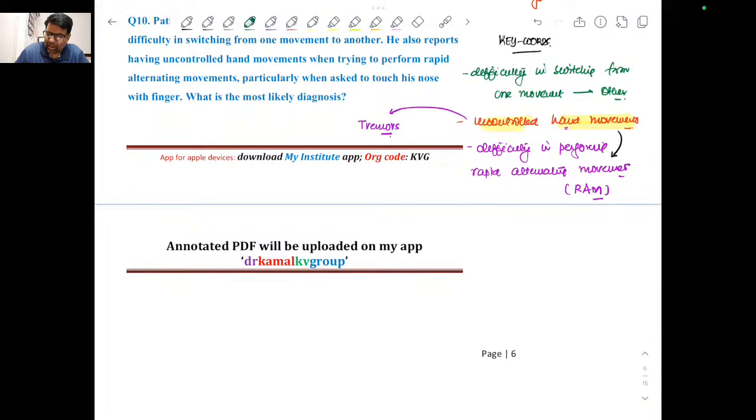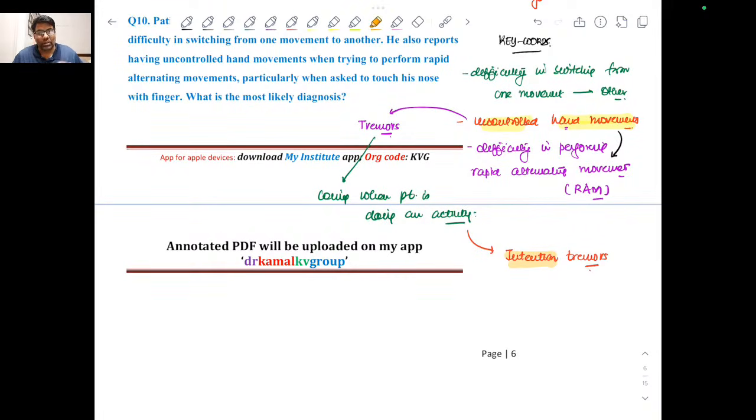And when the tremors are coming when the patient is doing an activity, what are such type of tremors? These are known as intention tremors. Right? Intention means the patient is trying to do something, then only the tremors are coming. When he is sitting idly, no tremors.